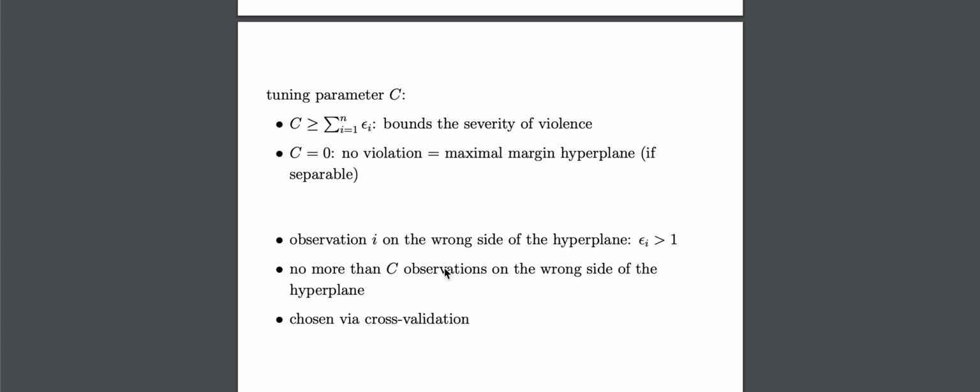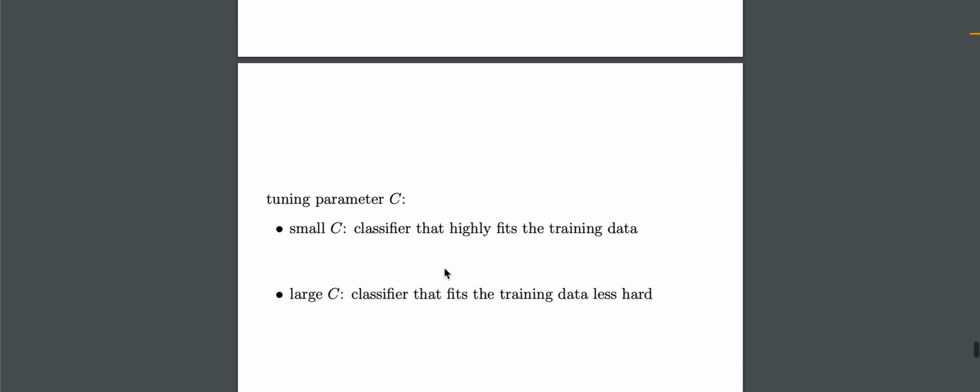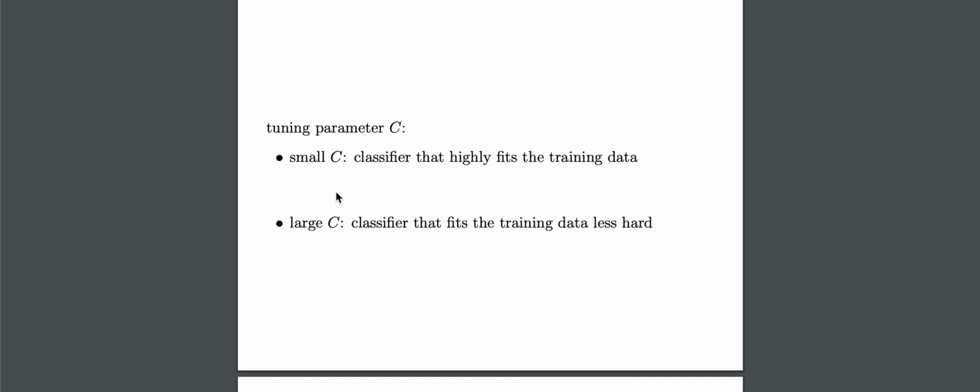Okay, so C is an upper bound on the number of observations that are on the wrong side of the hyperplane.